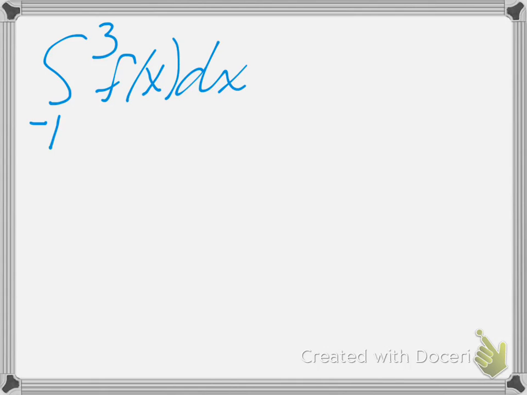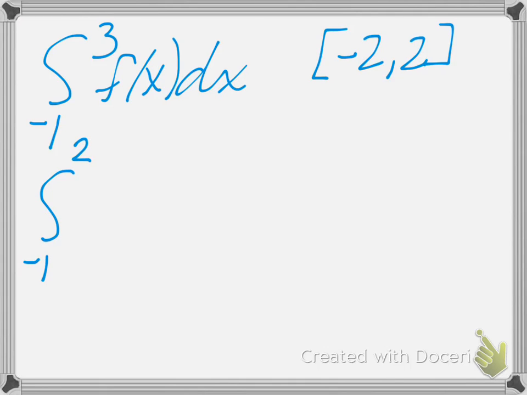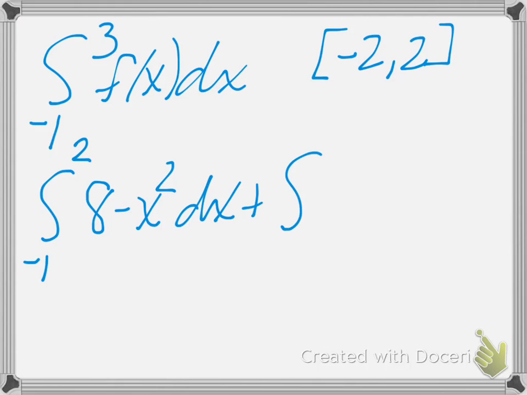So -1 will be in that integral. The first one is the integral from -2 to 2. -1 definitely falls in there, but it's going to stop at 2. So we're going to have an integral from -1 to 2, and that function is 8 minus x squared. And then we're going to make another integral going from 2 to 3, and that one is the function x squared.